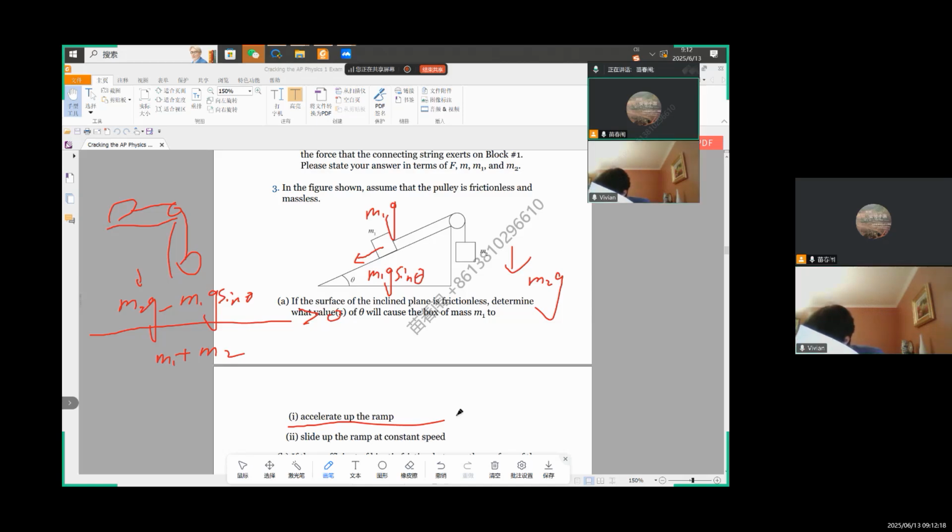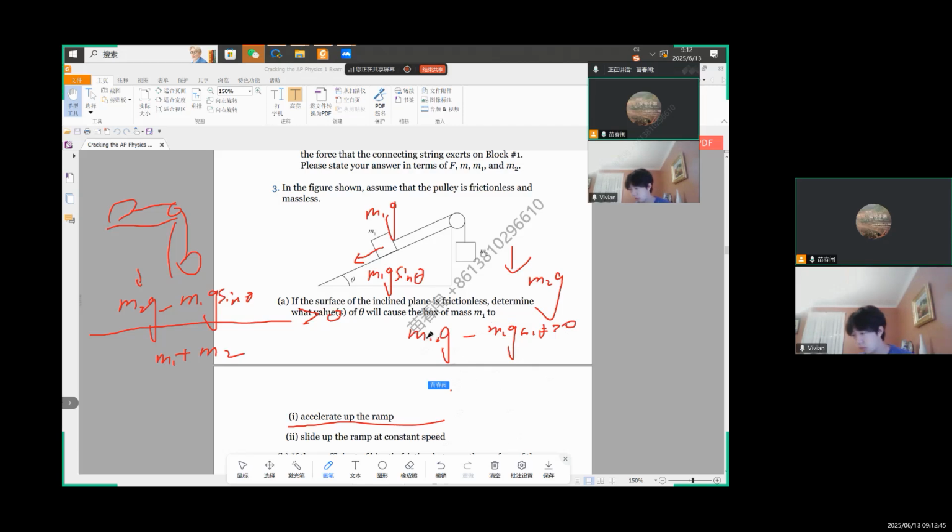Is that making sense? Which means m2g minus m1g sine theta, right? If this is greater than 0, then g is out. I can simplify, dividing g on both sides of the equation.